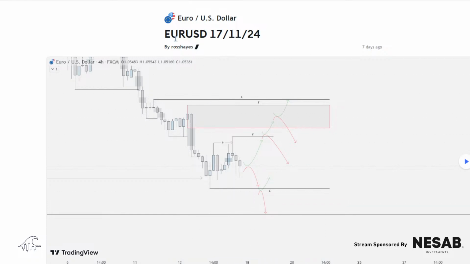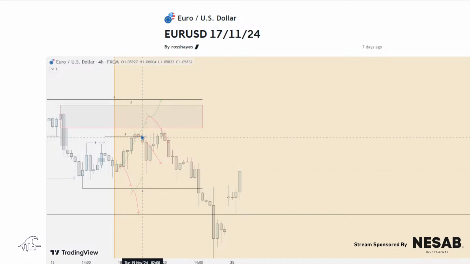Last week you can see that we were looking for a more sell side, then we had this area that we were looking at, this high potentially being ran, and then a sell-off down, or a continuation sell-off just down anyway. Now when you play this forwards, you'll see that we actually had a beautiful run into those areas and then price sold down through those lows as we predicted.